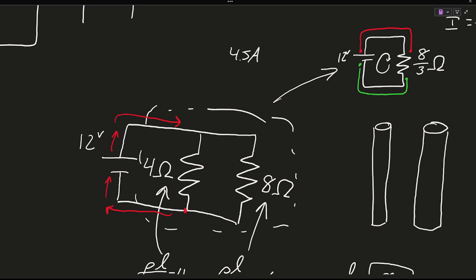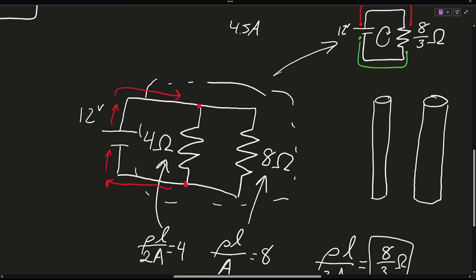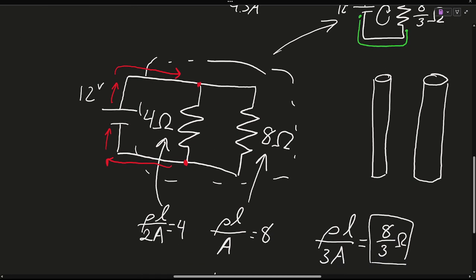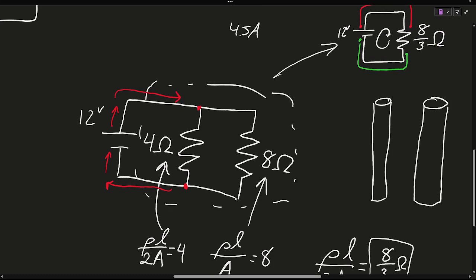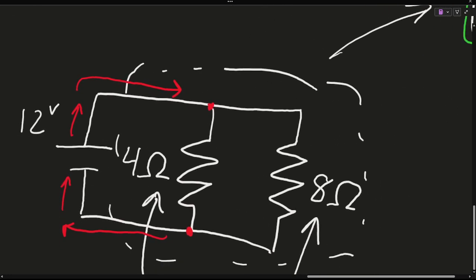But once we get to here, we don't know anymore. We know there has to be a total of 4.5 amps flowing through this effective resistor, through both of these combined. But we don't know what happens in each one individually. However, here's what happens at every junction. The current going in has to equal the current coming out. Let's call this I1, I2.